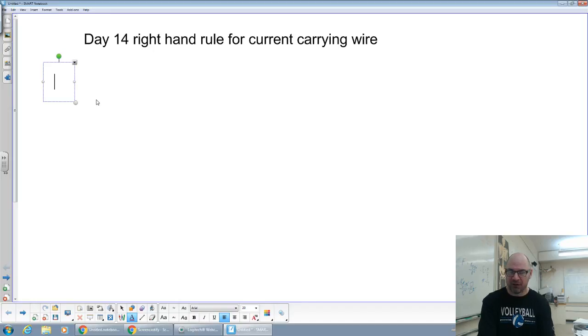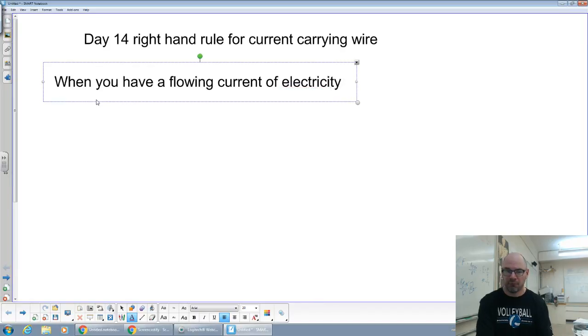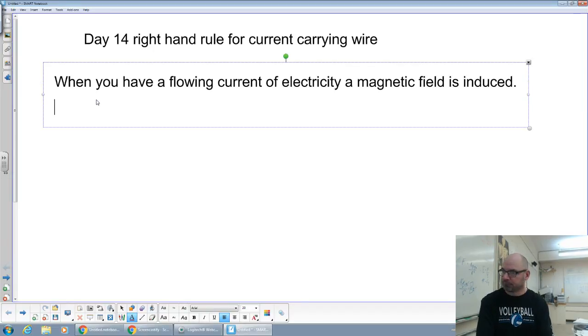So we'll word it like this: when you have a flowing current of electricity, a magnetic field is induced or created. Wherever there's a flow of electrons, there will be a magnetic field. Okay. We're going to look at the first one.